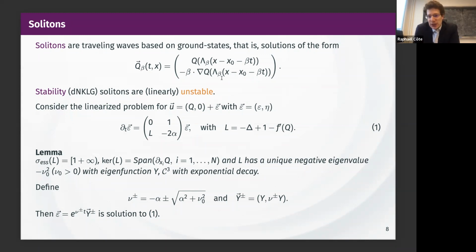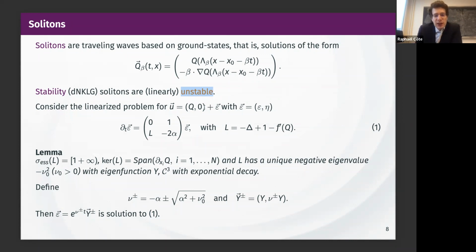However, I will still speak about solitons. This instability tells us that for the dynamics, there will be a lot to be said. And the instability is not an algebraic instability, not linked to criticality or anything. It's really deep in the equation, and it's actually linearly unstable.